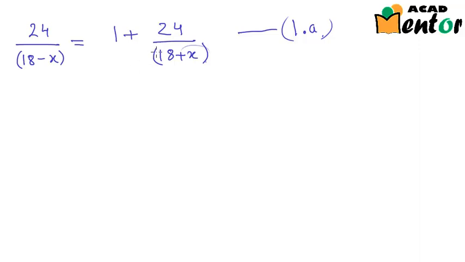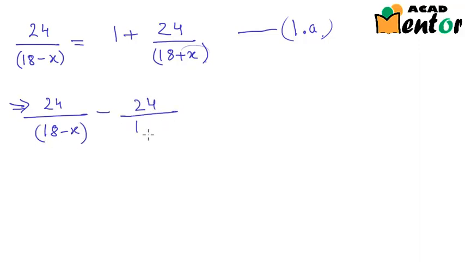So here let me just bring this term 24 by 18 plus x to the left hand side, and we would have 24 by 18 minus x minus 24 by 18 plus x is equal to 1.